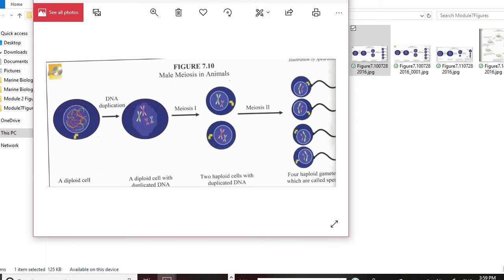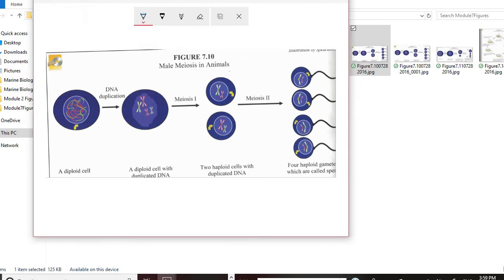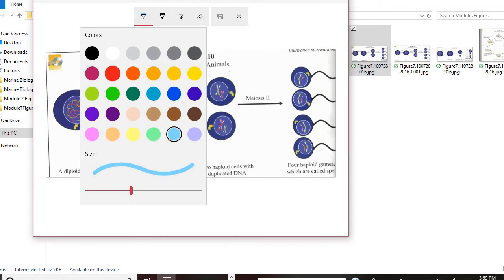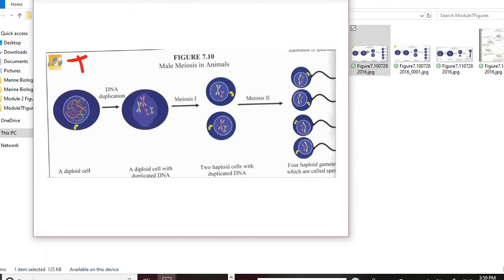Okay, so there are slight differences between males and females. So in a male, remember I said this happens in the testes. Well, in a male, those 4 haploid cells result at the end of meiosis II. So here you had 2 haploid cells, but the DNA is still duplicated.